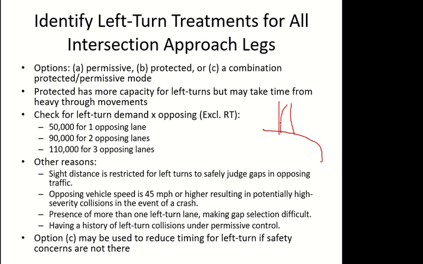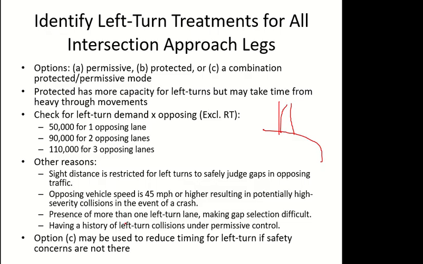I have to cross all the lanes for left turning. So if I have four lanes, I have to cross four lanes to get to the other side, and if you just keep it with the straight, it will be very problematic. So with more than three lanes, a separate left turning signal will be required. So this is the numerical criteria.